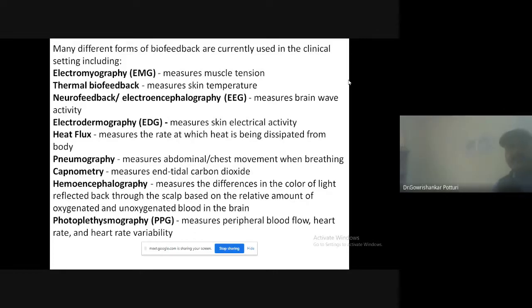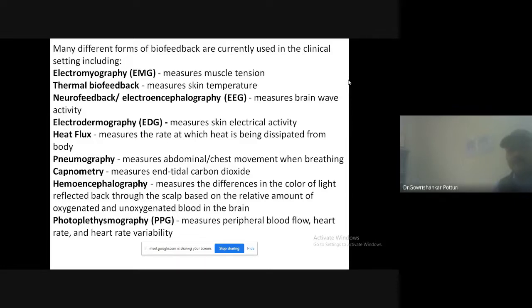Many different forms of biofeedback are currently used in the clinical setting. One is EMG biofeedback, which measures muscle tension. Then we have thermal biofeedback, which measures the skin temperature. Then we have neurofeedback or electroencephalography feedback, which measures brainwave activity.